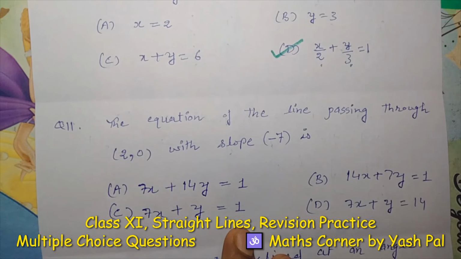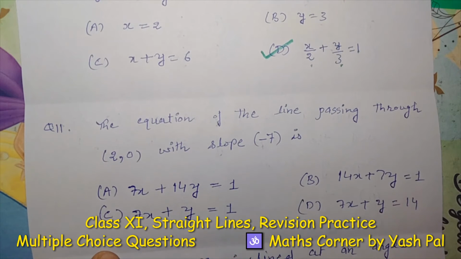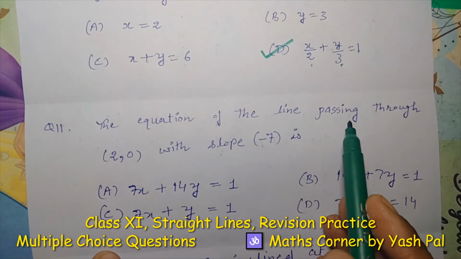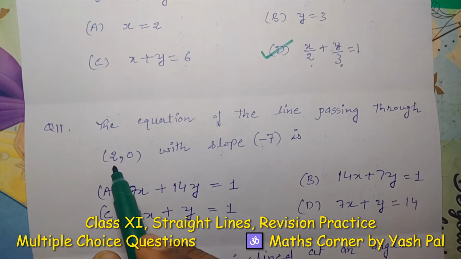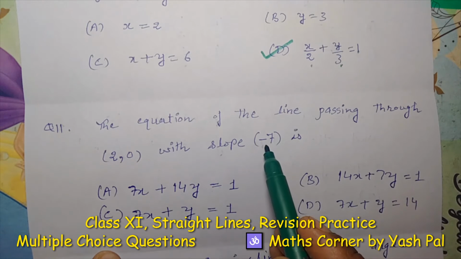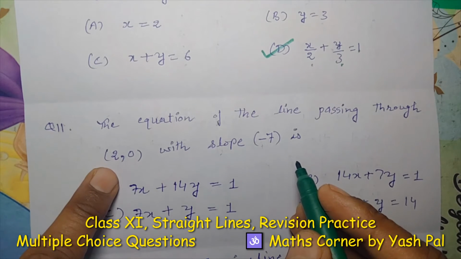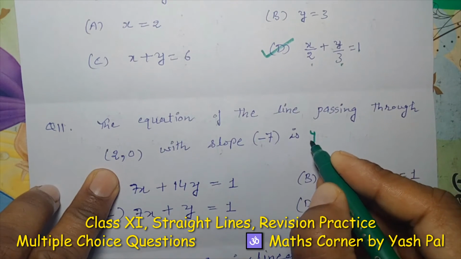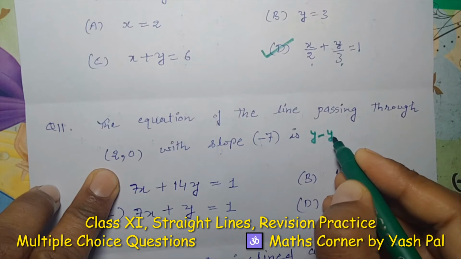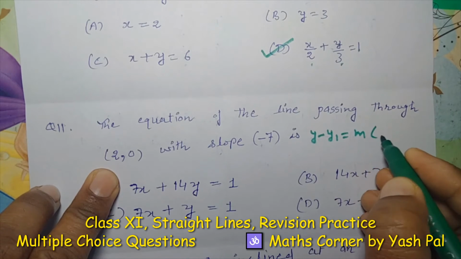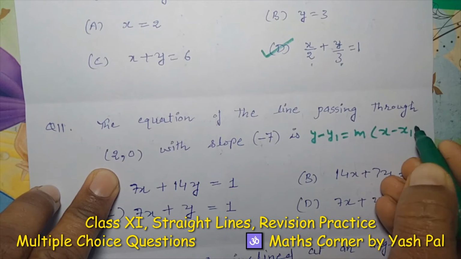Now question number 11. The equation of the line passing through the point 2 comma 0 with slope minus 7 is. So we can write this as y minus y1 is equal to slope times x minus x1.